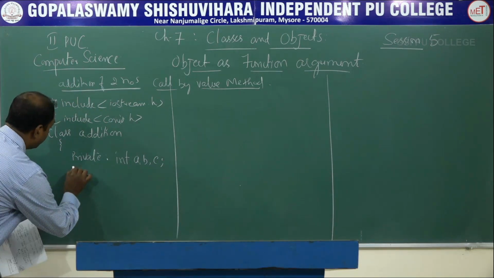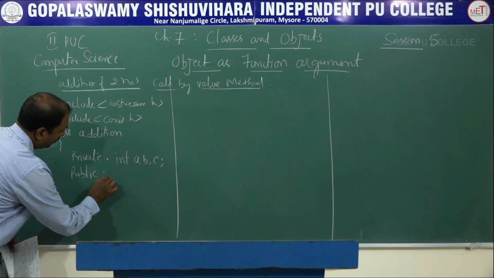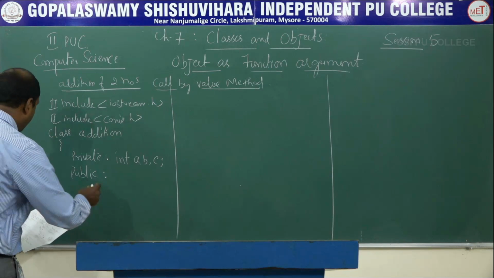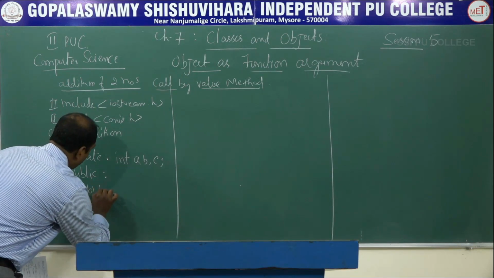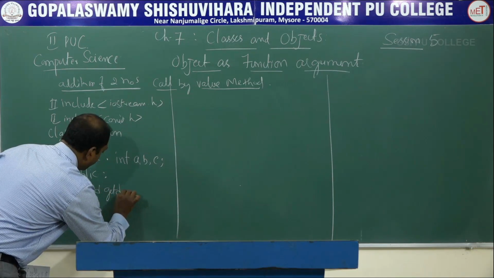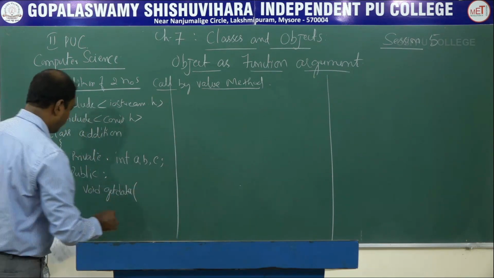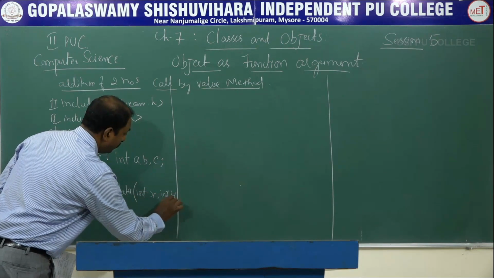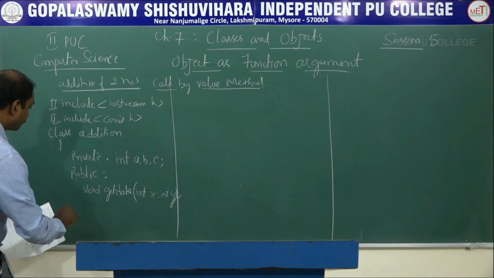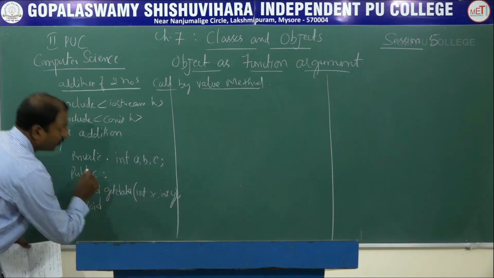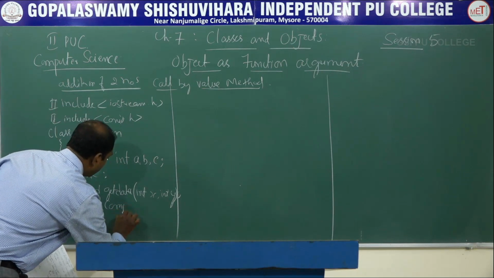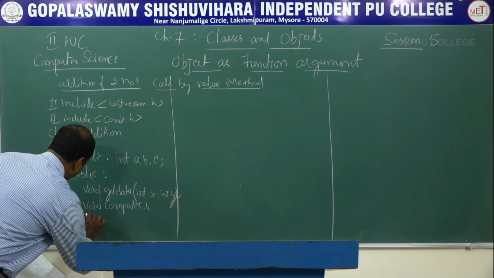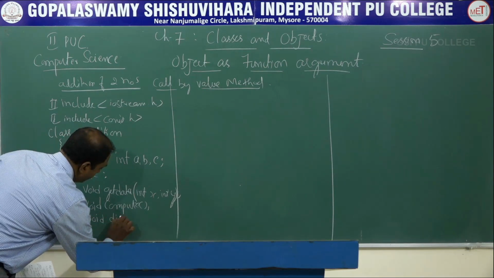Next under public, here we have to declare the functions. So let me write the functions: void getdata with int x, int y; void compute function; and void display.